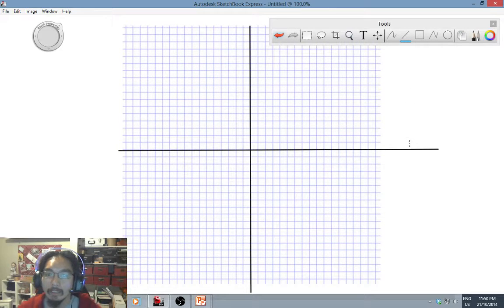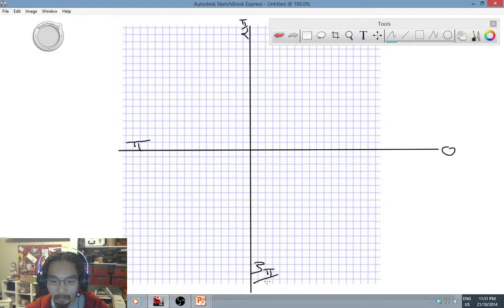Okay, so I'm going to draw a bunch of lines on. First, I'm going to draw here. This will be pi over 2. 0. This line here is pi. This line here is 3 pi over 2. Okay, so just some quick references as to where the angles are.